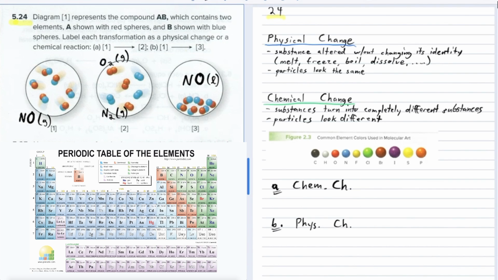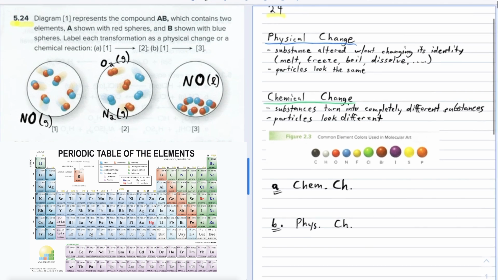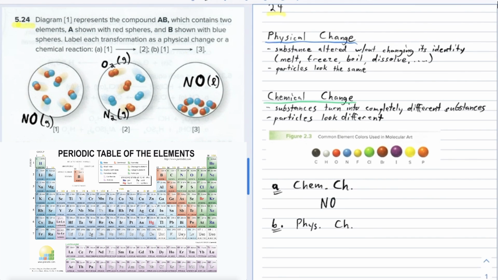So what you have is NO gas turns into N2 gas and O2 gas. So that's the chemical equation that describes this chemical change.